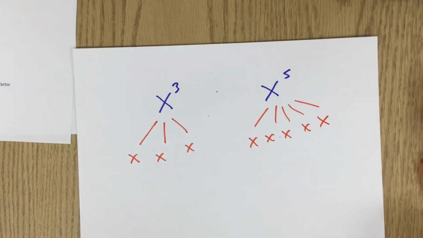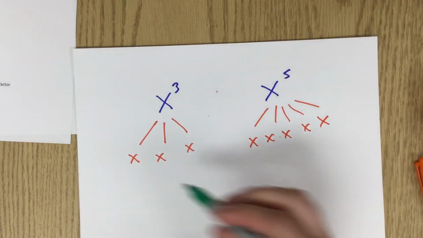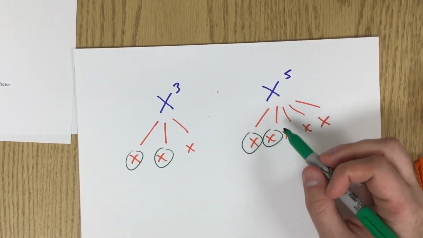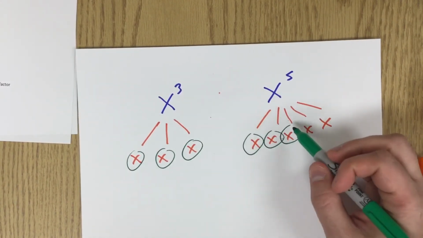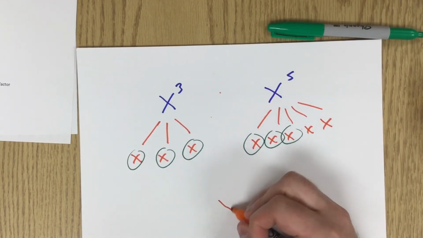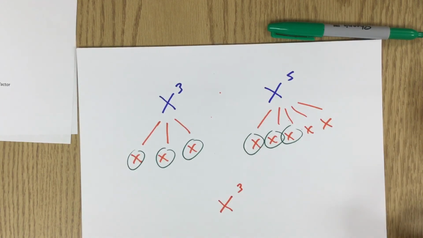So it breaks up into 5 x's times each other. So what's common? This x is common, this x is common, this x is common, and that's it. So what's common is 3 x's, so the greatest common factor of x cubed and x to the 5 is actually x cubed. That's greatest common factors.